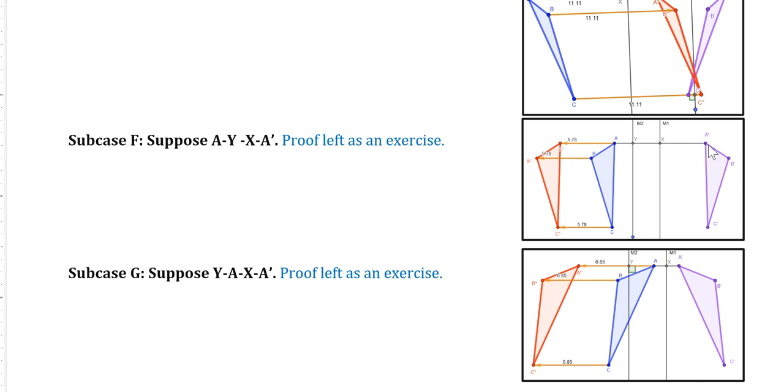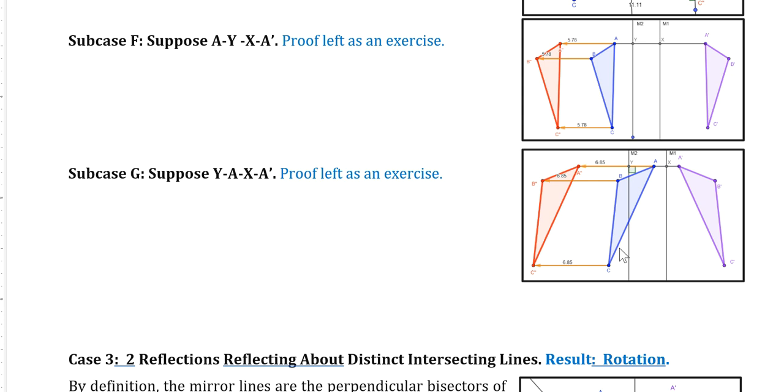You know the distance from A prime to X is the same as the distance from A to X. You also know the distance from Y to A double prime is the same as the distance from Y to A prime. And then use those to somehow show that this one is twice that one there. So you have to think about this a little bit and may have to add or subtract some distances to get this thing to work out. So I'm going to leave that as an exercise for you to work through.